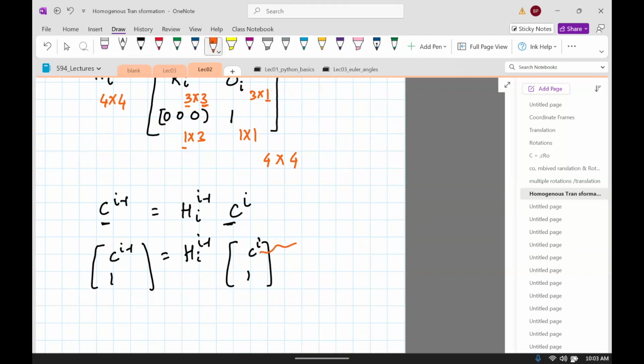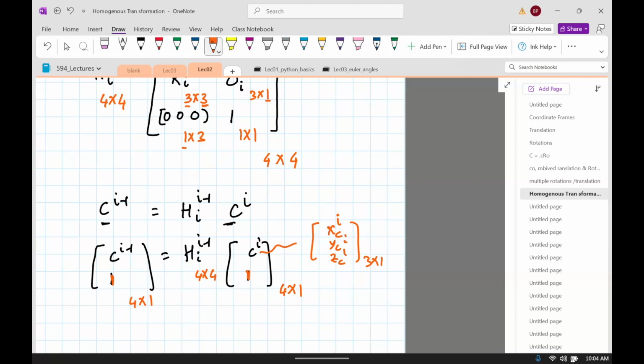So this small c is what we wrote earlier, x_c, y_c, z_c in frame i. This 1 is a placeholder. It will make the multiplication work out, because what we have here is a 4 cross 4 matrix, and this is a 4 cross 1, made of a 3 cross 1 and a 1. So when you do this, it all works out. If this is not clear, it will become clear in just a bit.